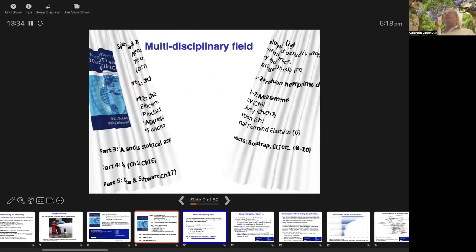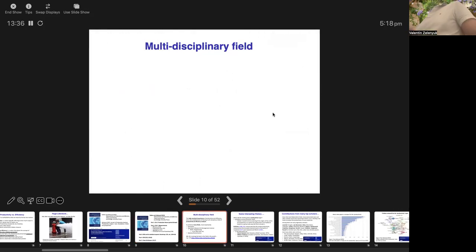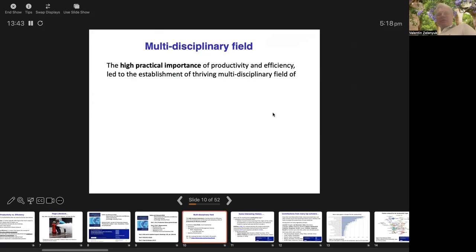So let me now talk a little bit about this field, and this is based on that article in Journal of Productivity Analysis. Basically, this field, because it was so important, as Paul Krugman mentioned, it's almost everything in the long run.